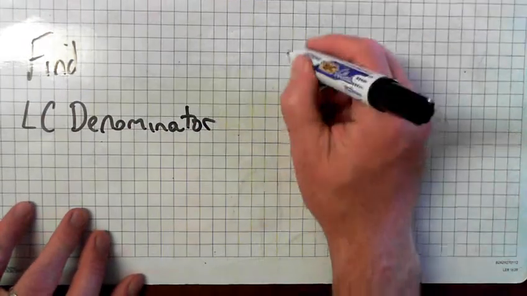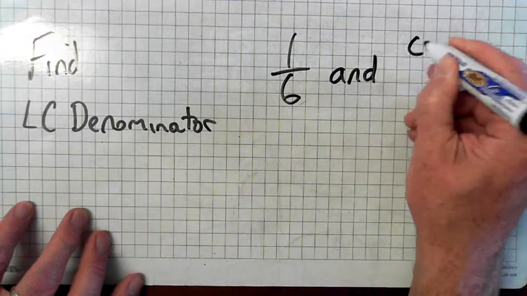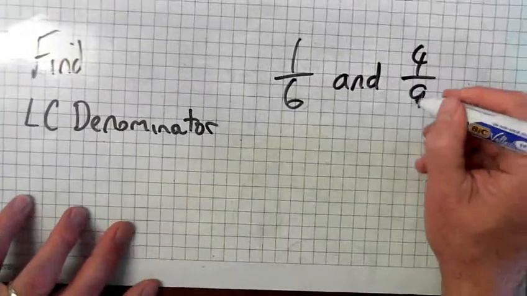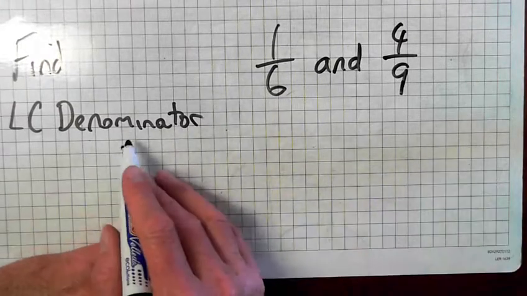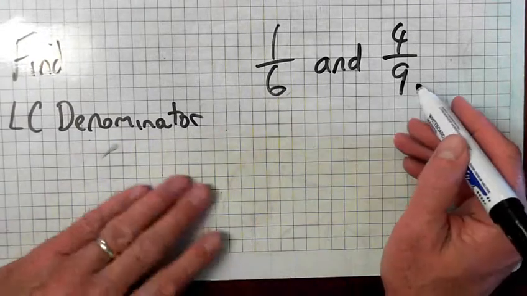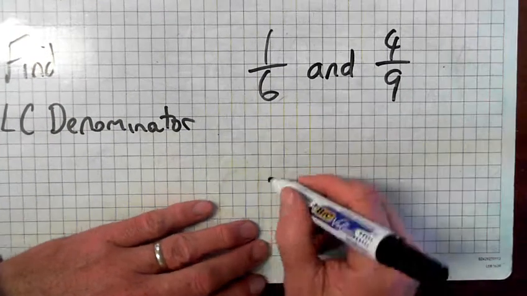Find the lowest common denominator of 1/6 and 4 over 9. Sometimes the quickest way of finding the lowest common denominator, what 6 and 9 will divide into, is by multiplying them. 9 6s, 54.